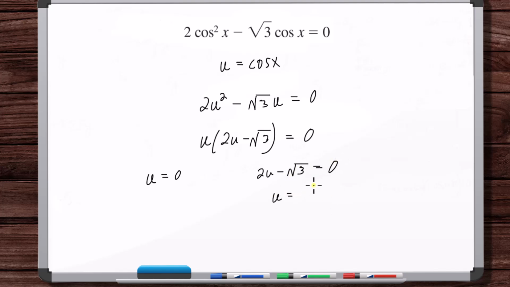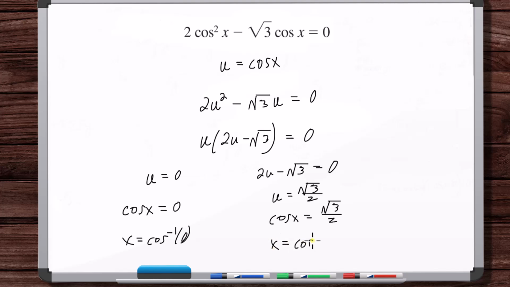So cosine x is equal to 0, or cosine x is equal to root 3 over 2, so x, just like that.